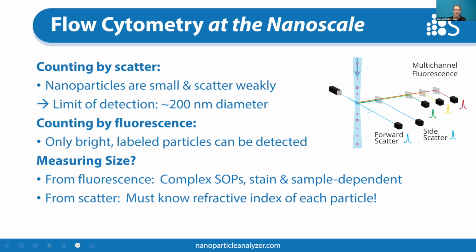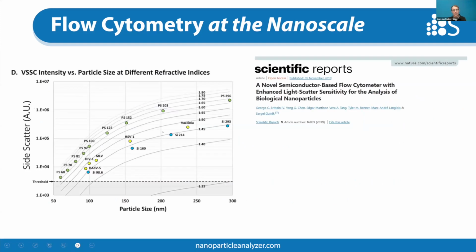And that's not easy. So this plot here is taken from a Scientific Reports publication that I'll come back to. This is published by veterans in the flow cytometry field at Beckman Coulter when they released one of their instruments. And this figure is what I want to focus on. It's showing on the y-axis the scatter in the side scatter channel versus the actual particle size, which was determined with another method, for a bunch of different materials and particle types.